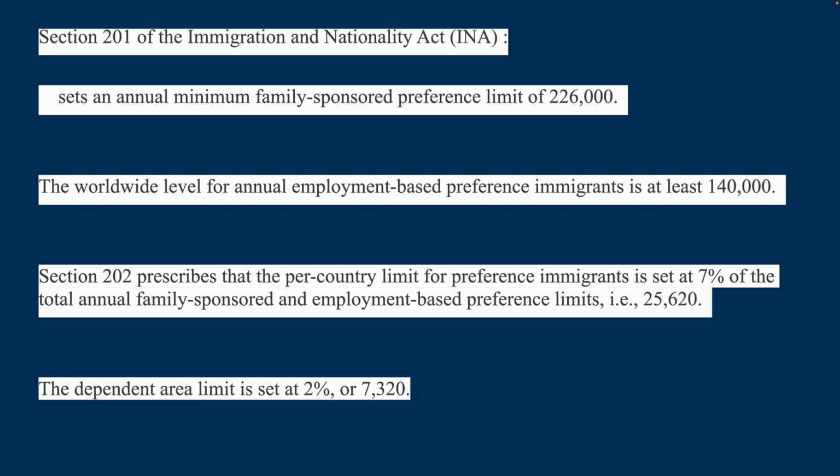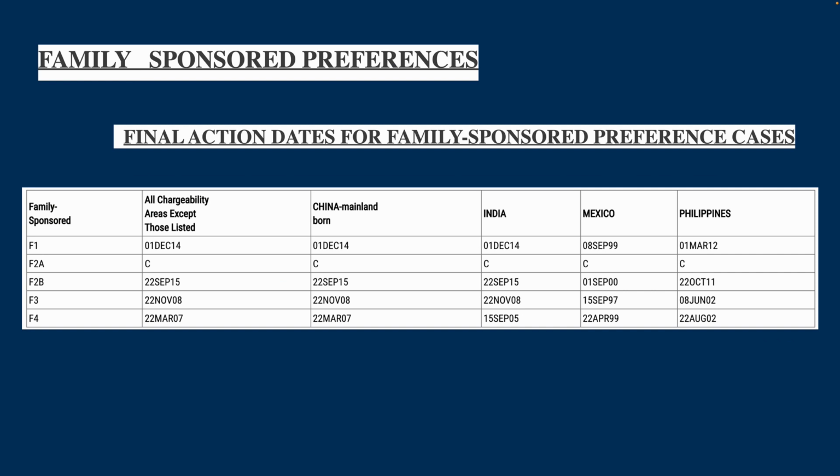All right, now let's discuss family-sponsored preference. Final action dates for family-sponsored preference cases. So this one, guys, is final action dates. It means actual green card numbers are available for this category and country of origin.